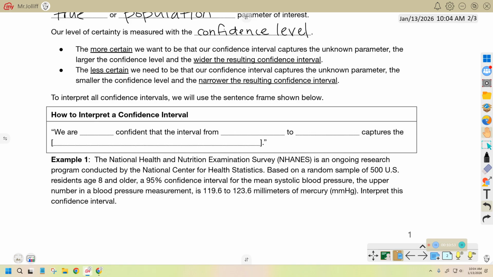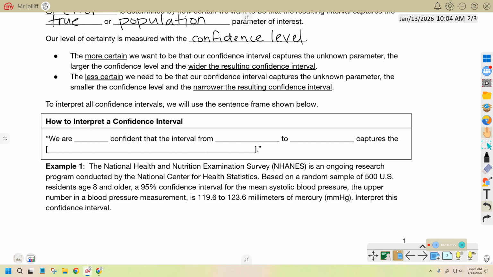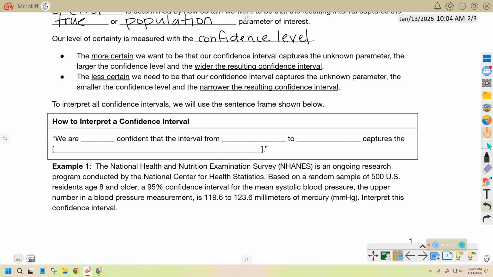And the sentence is, we are C% confident that the interval from blank to blank, whatever those boundary values are, captures the population parameter.